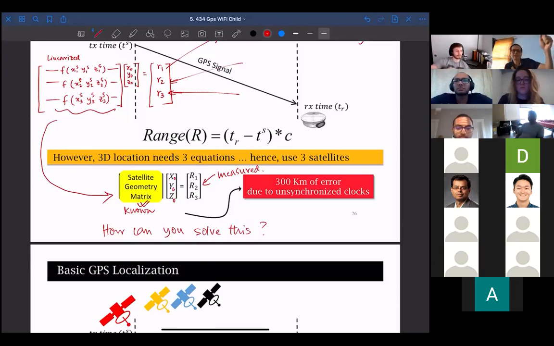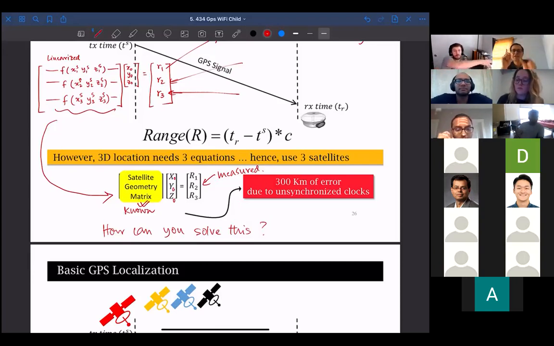So if I can synchronize myself to one satellite, I'm synchronized with all satellites. So I really have one unknown variable, right? This is the kind of thinking you want to get into. Anytime you're faced with, I don't know how to solve this, ask yourself, how many variables do I not know?